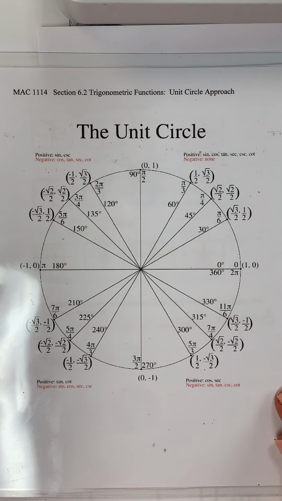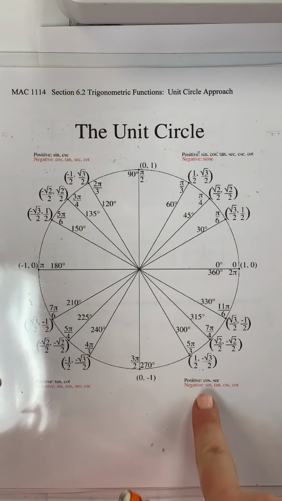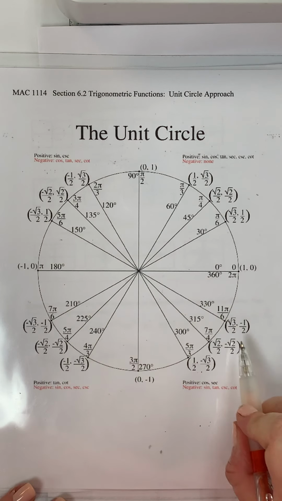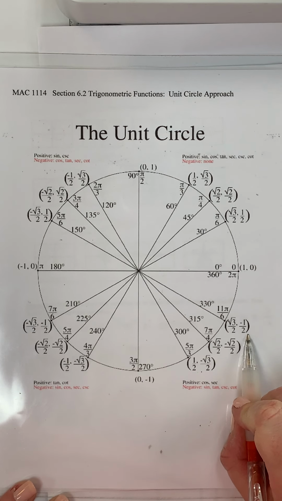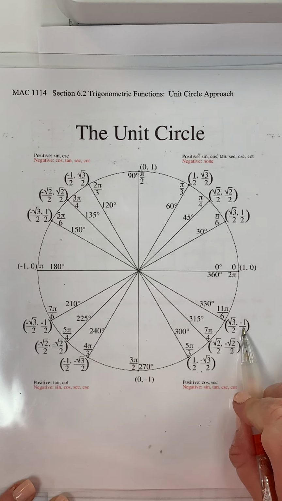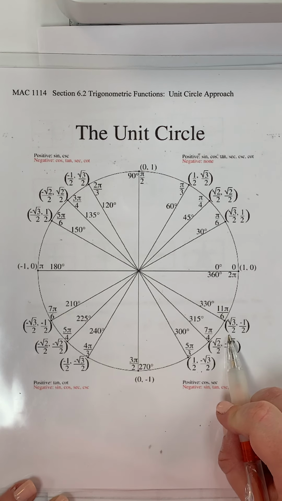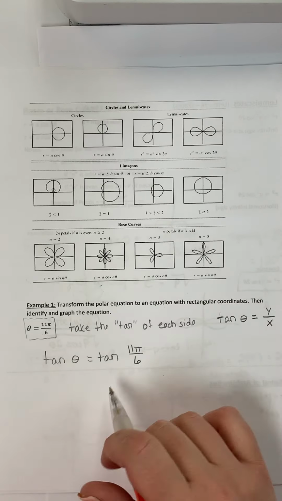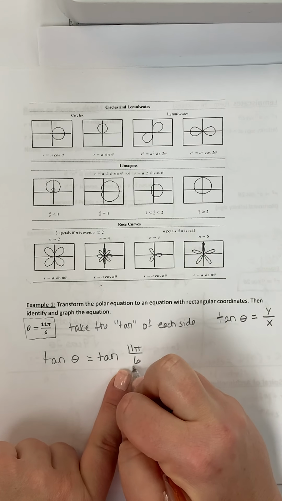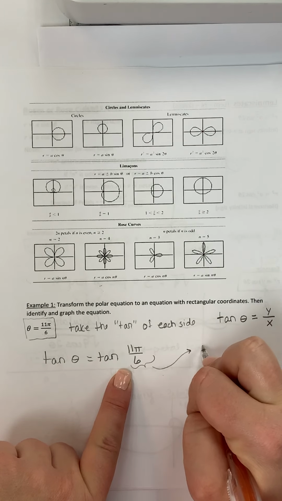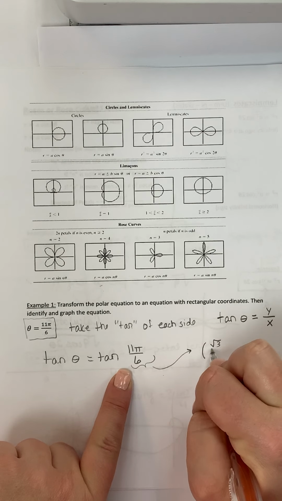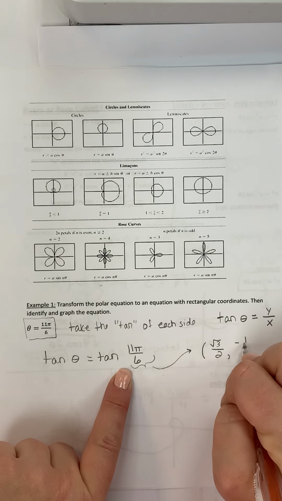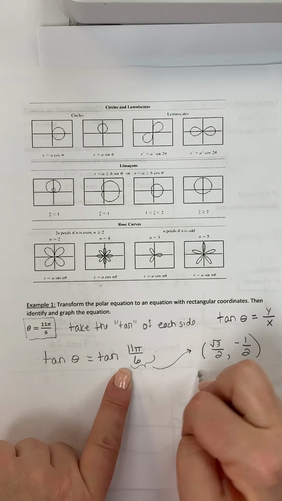Here we go. Put our unit circle on here. Here's 11 pi over 6. Here's cosine, here's sine, x, y. At 11 pi over 6, we're looking at the point root 3 over 2, negative 1/2.